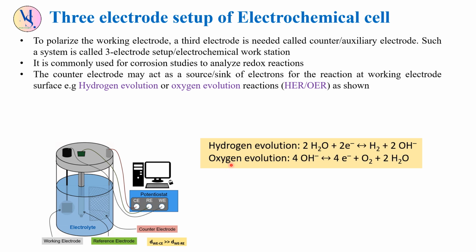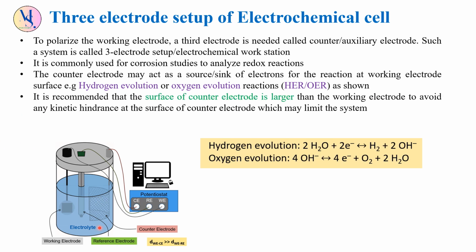On the other hand, oxygen evolution reaction which occurs at anode, and this may also occur either at working electrode or counter electrode. It means that counter electrode is not fixed. Counter electrode may act as cathode or anode.